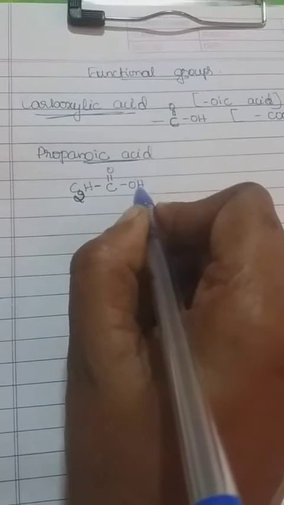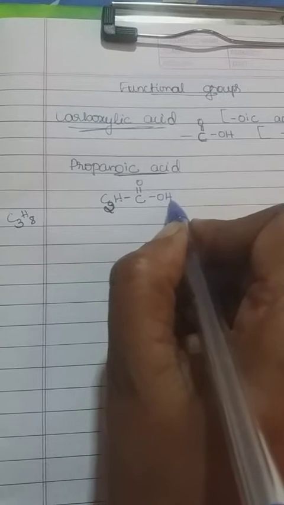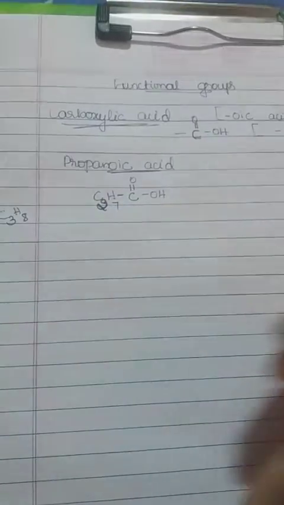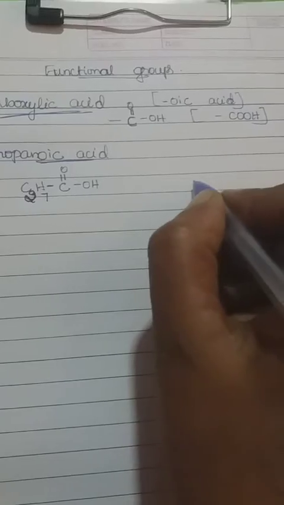C3H8 is propane. In that, one hydrogen is already reduced, so instead we write H7. Let's write the structural formula first, then we will get the perfect molecular formula.